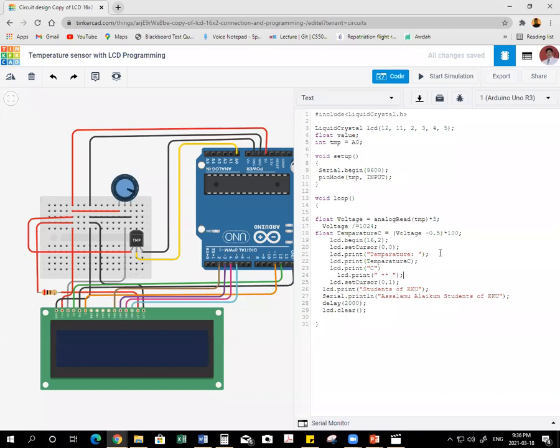Now same thing, I will print this in Serial.print. Serial monitor I want to print, Serial.print, double quotes, temperature, with a backslash n.